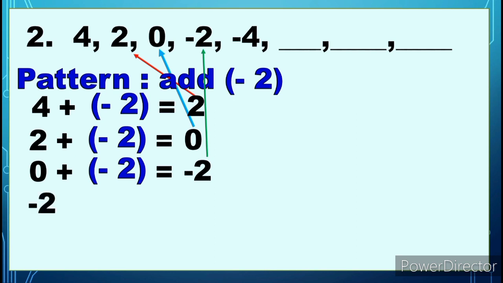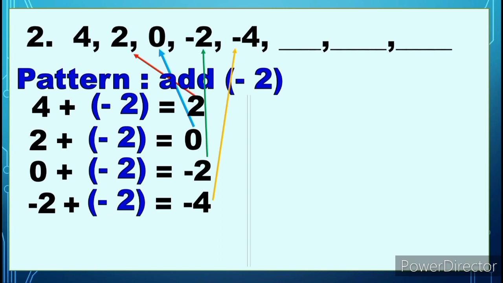Next, we have negative 2 plus negative 2 equals negative 4. Okay, same sign, therefore we add and copy the common sign, which is negative. And that is the next sequence.